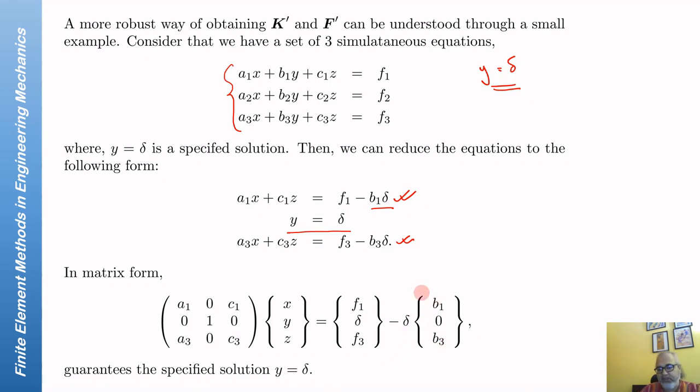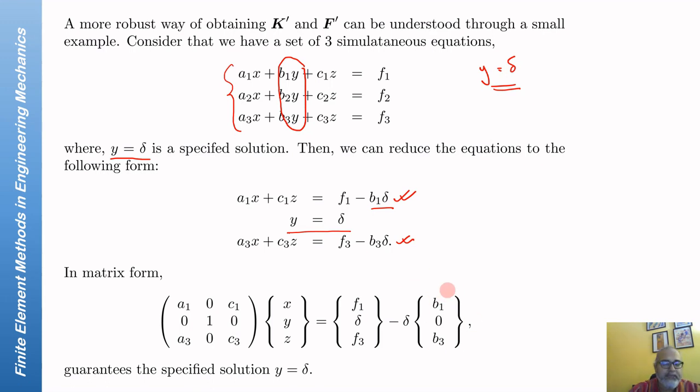What is this vector? This vector is this particular column in your system of simultaneous equations. So the coefficients b1 and b3 come from the column which is known in the form of the specified solution. The column which is known, which is y in this case, is known in terms of the specified solution, and that's why we have this column here.